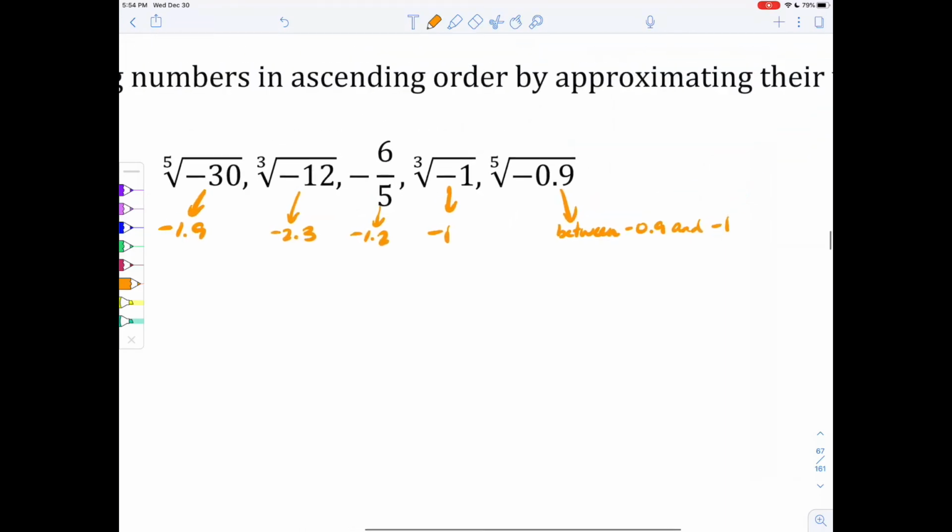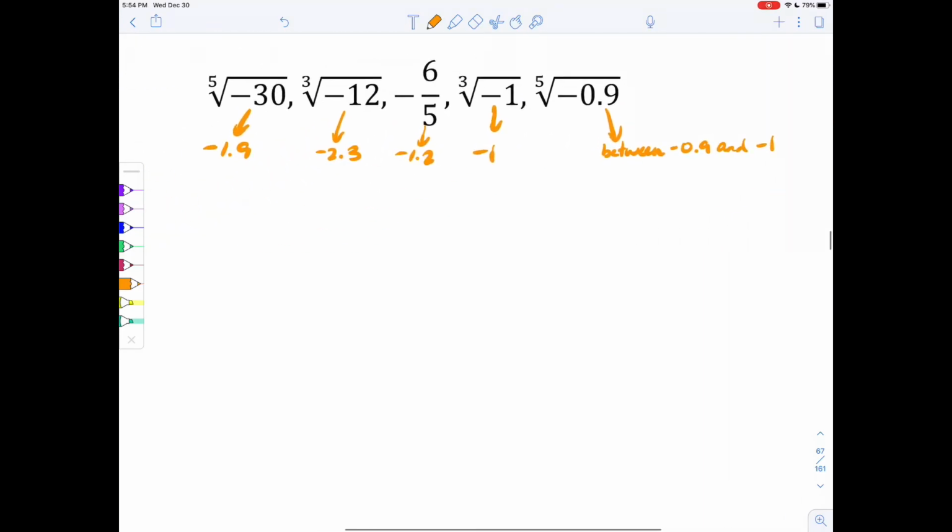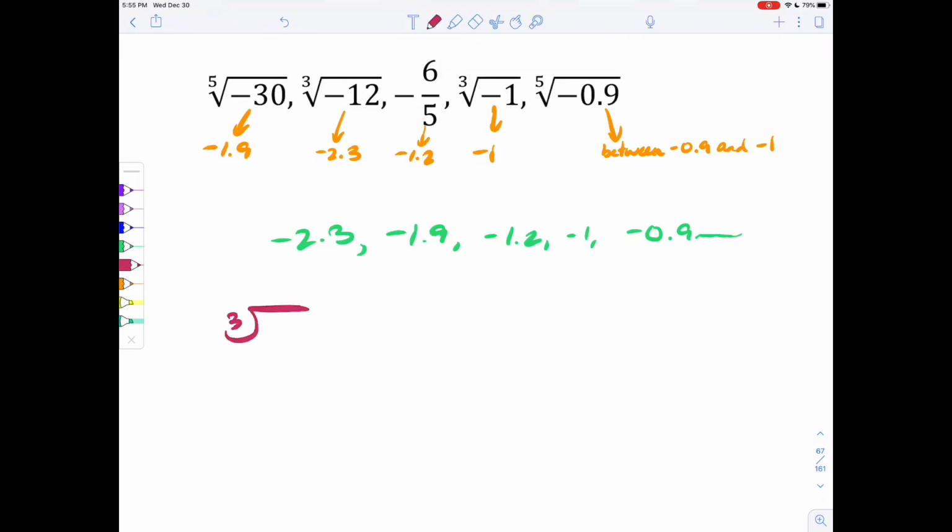Reordering, least to greatest, ascending order. Least is negative 2.3. Then we've got negative 1.9, negative 1.2, negative 1, and then this thing that's like 0.9 something. Which means for final answer purposes, we've got the cube root of negative 12.